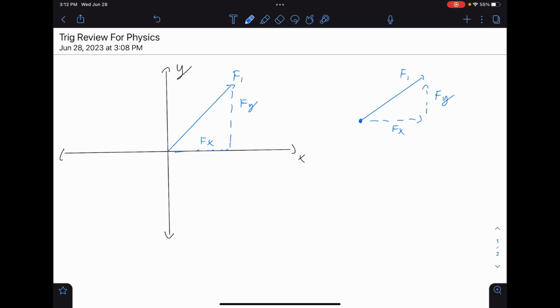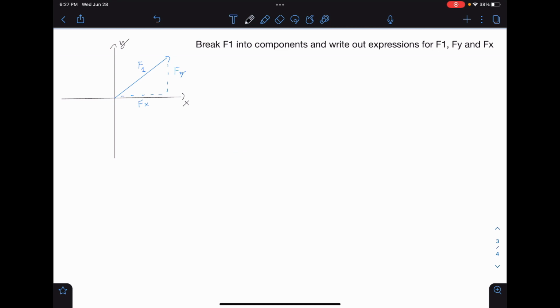Now, in physics, that's very important because sometimes we know things about the x direction, we know things about the y direction, but we don't know things about F1. So in order to find F1, we need its components. And to find its components, we use basic trigonometry. So now that I've given you a short introduction, let's look at something you might do with your free body diagram.